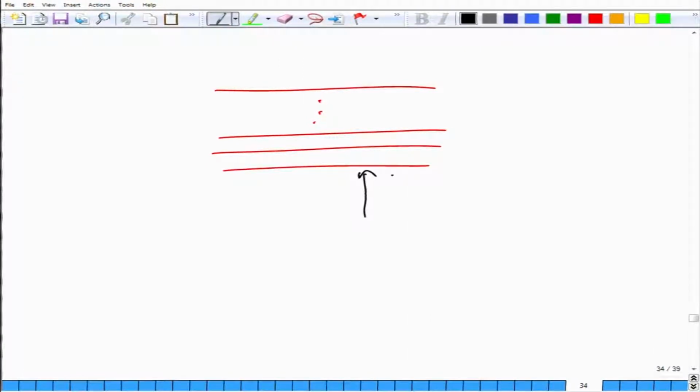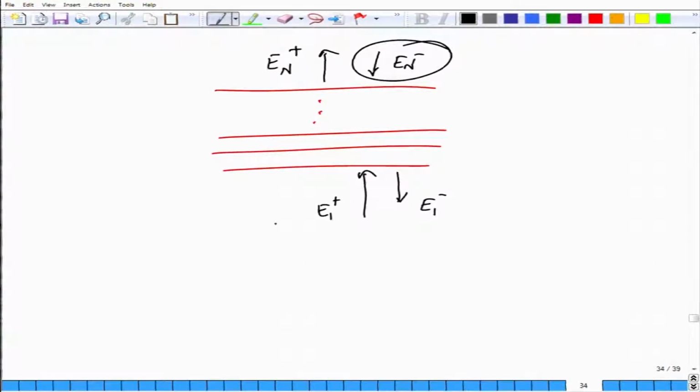If the incident fields are E1 plus and E1 minus, and finally the transmitted fields are say En plus and En minus, although as I said this does not exist if you assume the source to be located in the first medium, then for whatever the thickness of each of the materials, and for whatever wavelength, you can easily change the value of k and obtain the new values of delta.